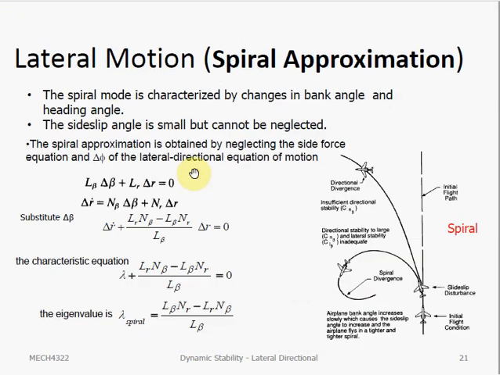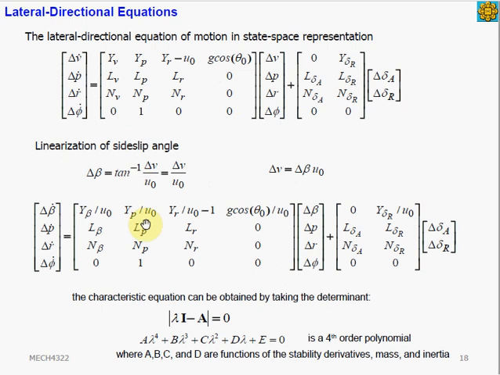If we go back to this slide where we see the full lateral directional equation of motion, we see that the main variables in this motion are the side slip angle, the roll rate, yaw rate, as well as the bank angle. And to approximate the spiral motion, we have to drop some of these terms.